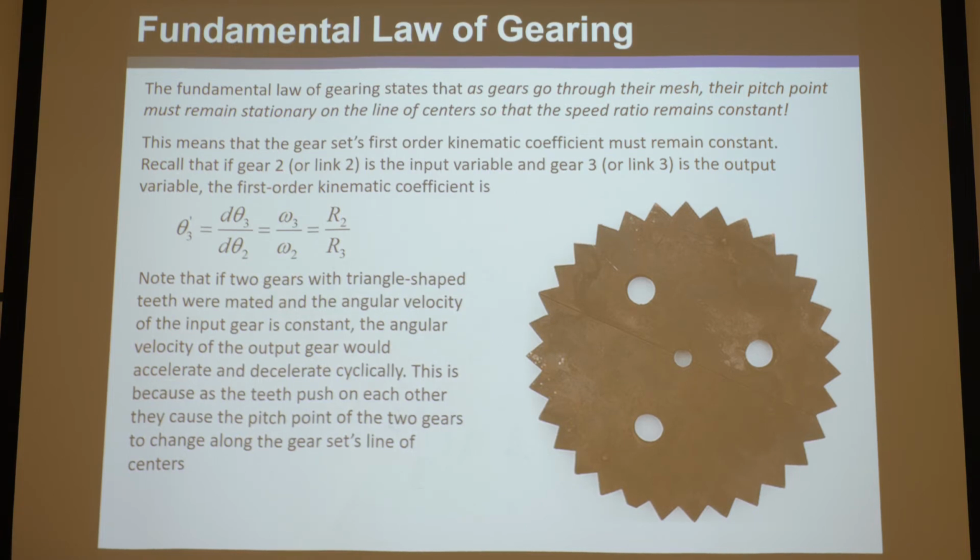So this begs the question: what is the ideal tooth shape to achieve the fundamental law of gearing? A lot of people that don't know anything about gears, particularly artists, will draw gears in company logos, and it drives me absolutely crazy that sometimes they use triangles, sometimes squares, arbitrary tooth shapes.